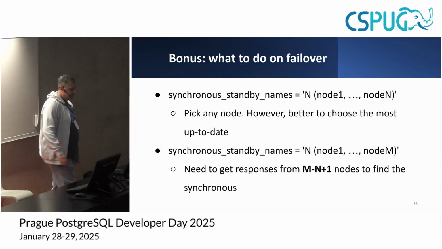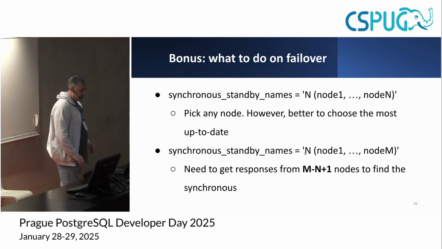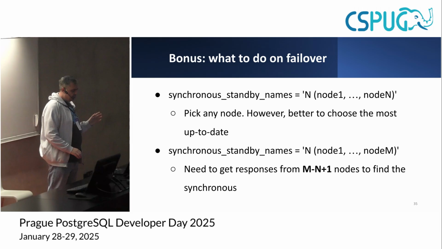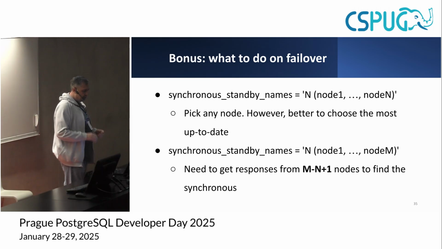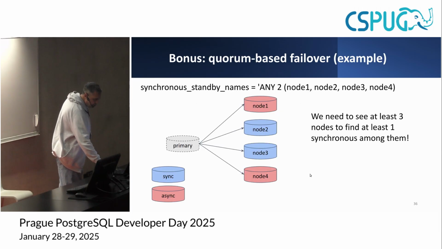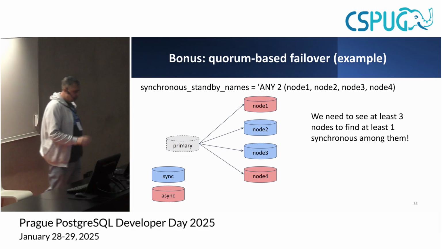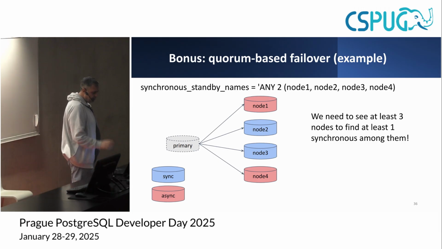In a case like, let's say, we are waiting for 1 node to confirm out of 10 nodes, then we need to query all of them and get responses. And the formula is M minus N plus 1. So how does it look in a picture? Let's say we have a primary and 4 nodes, 2 of them synchronous and 2 asynchronous, and in synchronous_standby_names we have something like ANY 2 out of those 4.